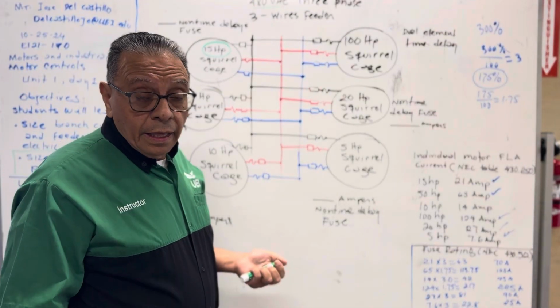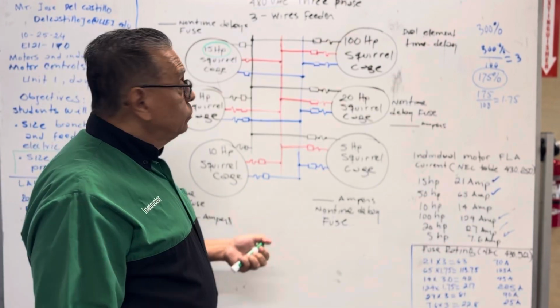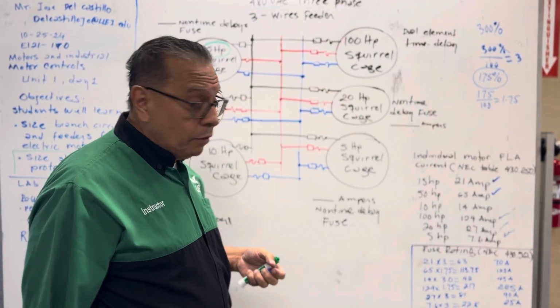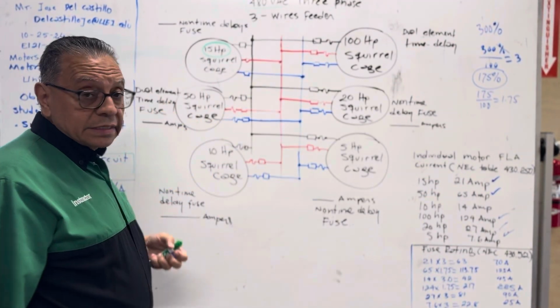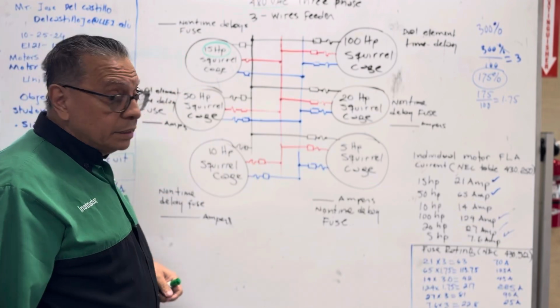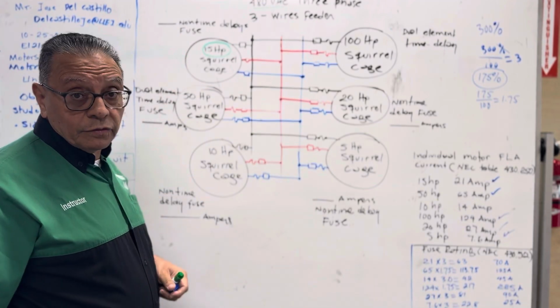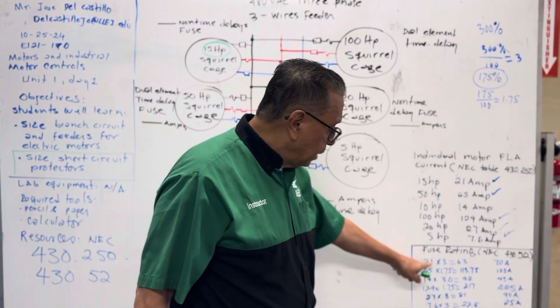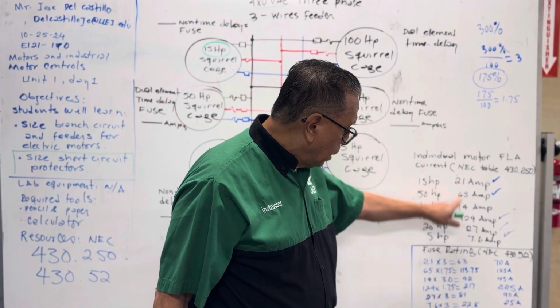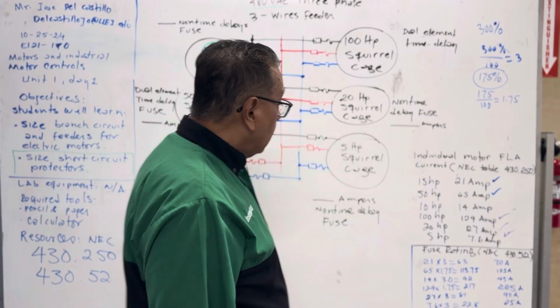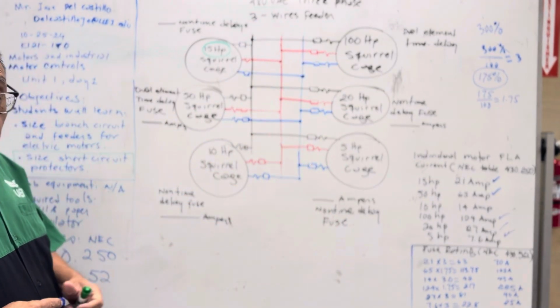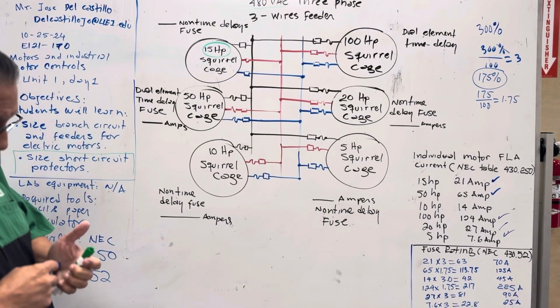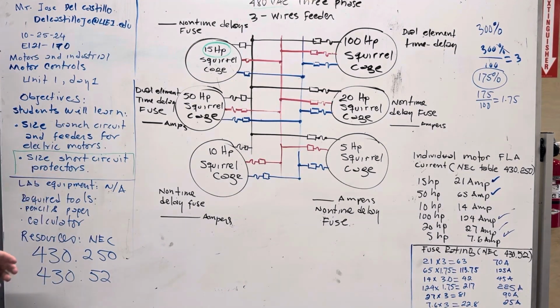And I need to know if I want to use non-time delay or dual element time delay fuse. In this case, it is non-time delay fuse. That table is asking me to multiply the full load ampacity, 21, times 3. And this is the way that we work to determine the short circuit protection.